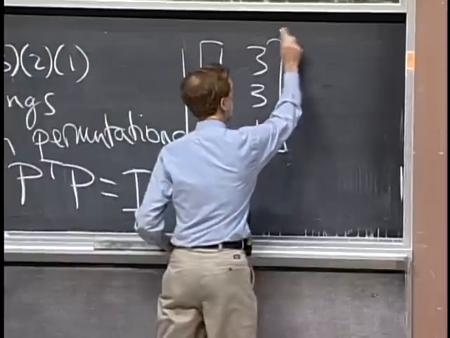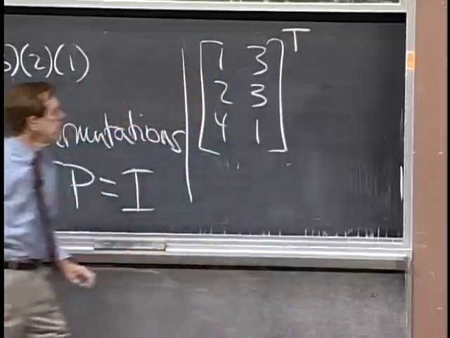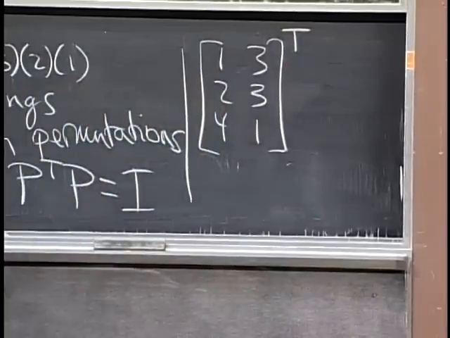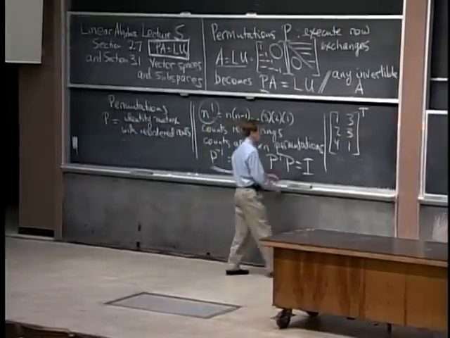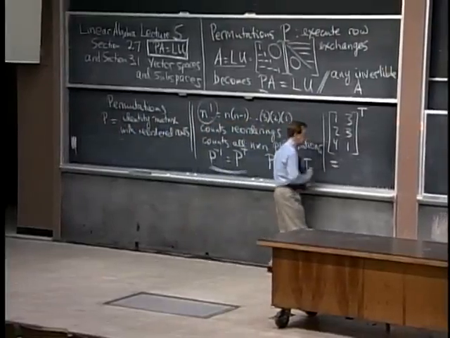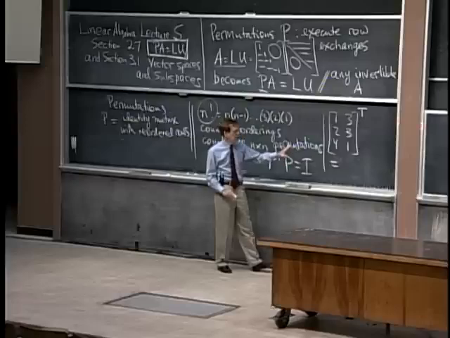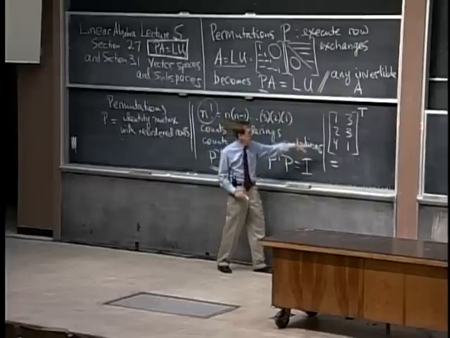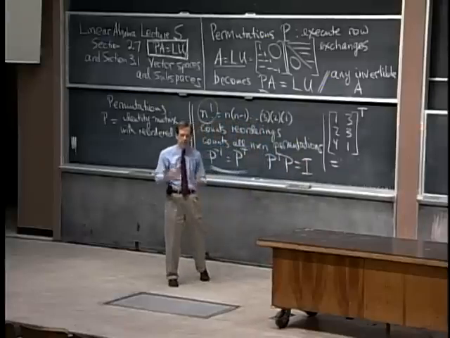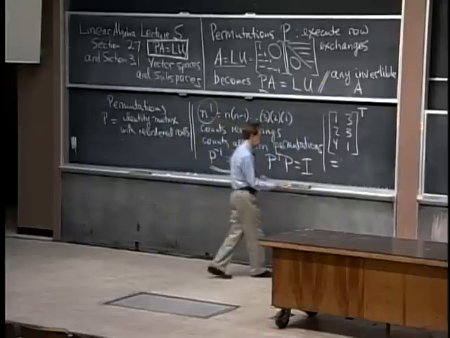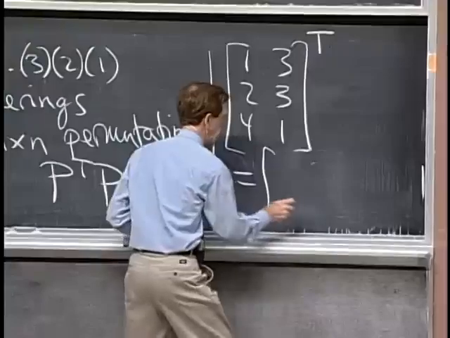So what's its transpose? I'll use a T, although MATLAB would use a prime. And the result will be, I'll write it here, because this was 3 rows and 2 columns, a 3 by 2 matrix, the transpose will be 2 rows and 3 columns, 2 by 3.